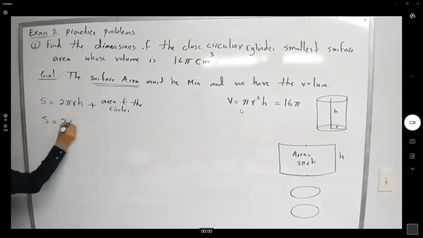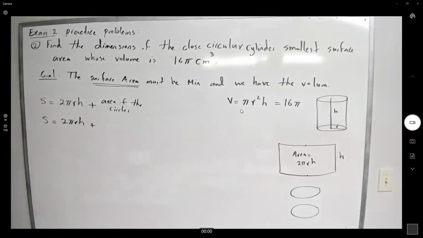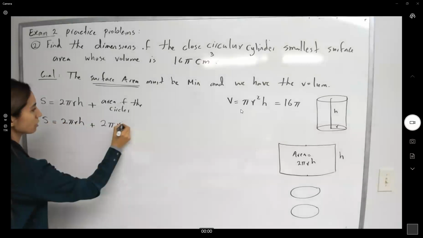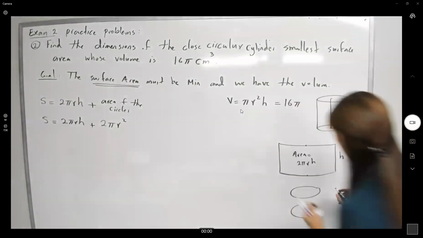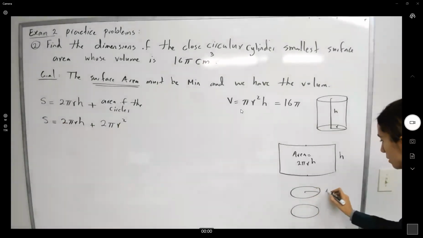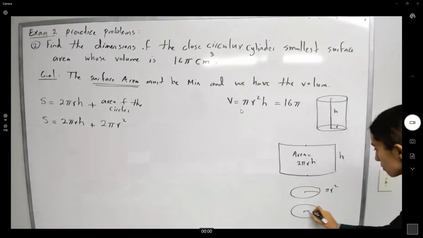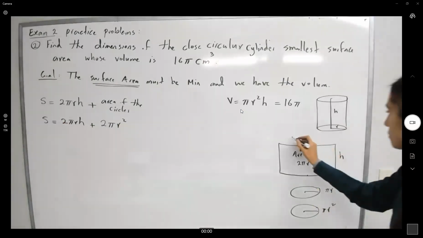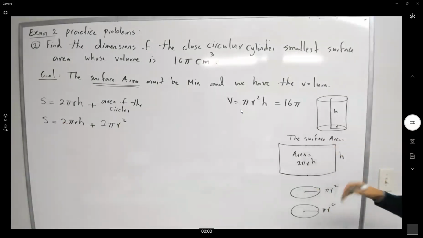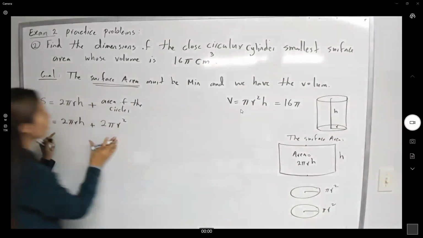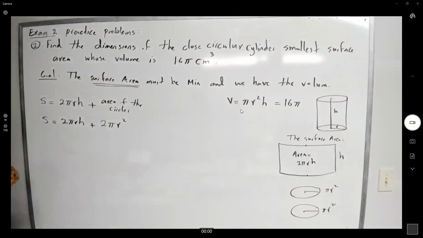So you can set it up this way: 2 pi rh plus 2 pi r squared. This is the surface area of this cylinder. This is pi r squared, and this is pi r squared. Area of the surface is going to be like this.